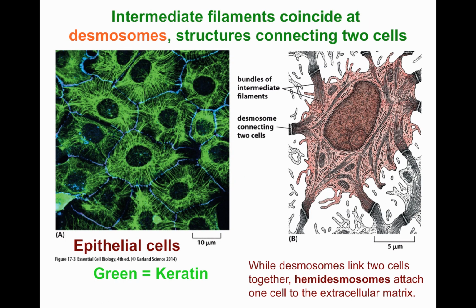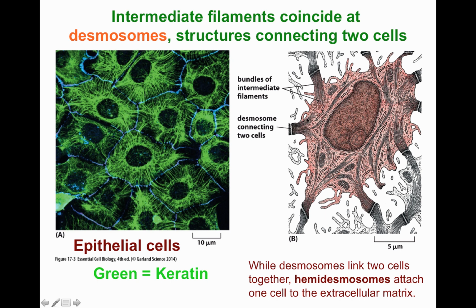So now let's take a quick look at some of the epithelial layers. And here on the left, what we have is a fluorescent microscopy image of epithelial cells containing keratin. And keratin is the intermediate filament that is present in epithelial cells. What you can appreciate on the right is the fact that this epithelial cell has areas that are joining with the membrane of other cells, and those are going to be the desmosomes.